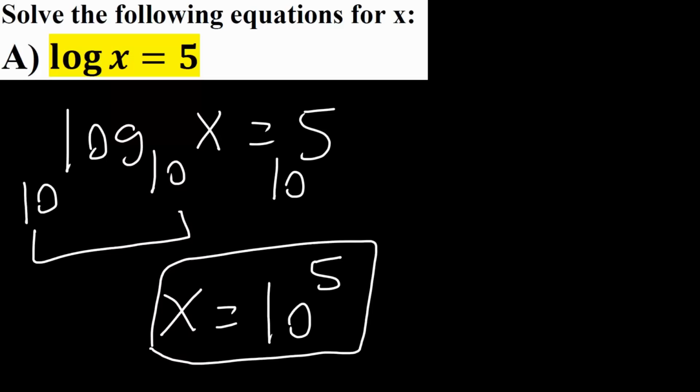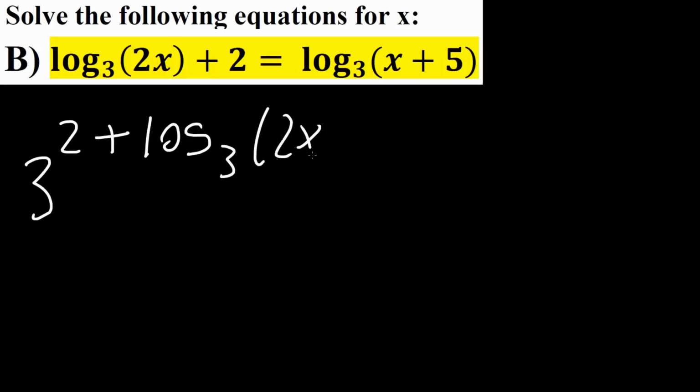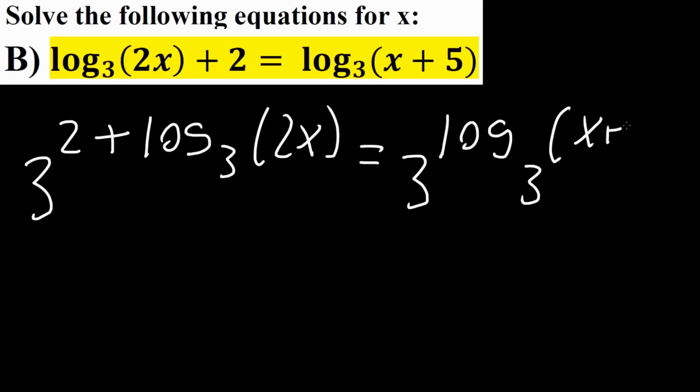And now we will do the second problem. For this question, using one of our log properties, what we could say here is that if we put everything here 3, 3, 3, just to cancel out the log term, we would get 3 squared, because we have a 2 here, plus log base 3 of 2x, this term right here, is equal to 3 to the log base 3 of x plus 5.